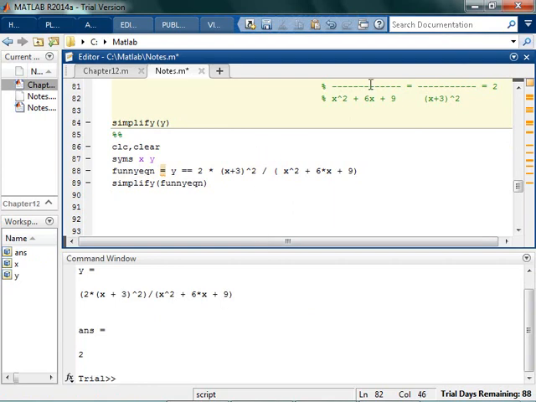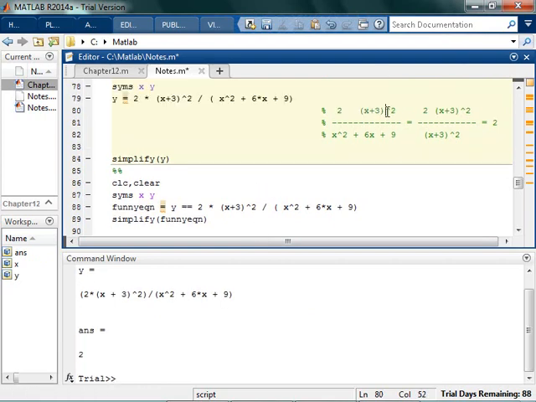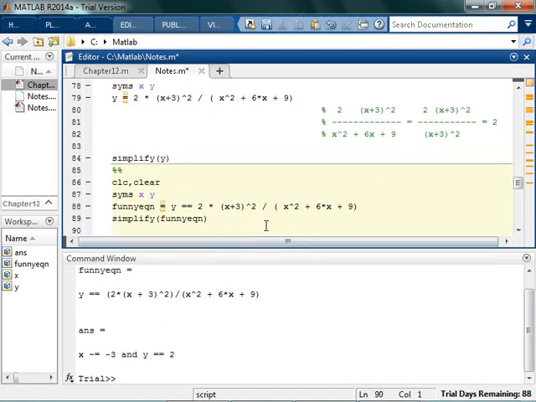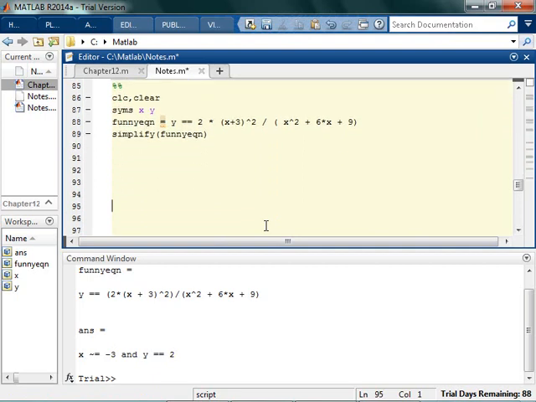So this up here is like a first semester algebra student, and this is like an awesome algebra student who says the answer's 2, but I just want to let you know that x can't be equal to -3. This is the kid who's really excited about algebra, and this is the kid who just wants to move on with life. But this is amazing. So you can simplify the funny equation, and it actually tells you what x cannot be equal to, and this is why we love MATLAB, because it makes us happy.